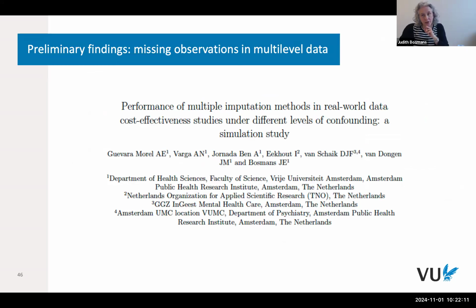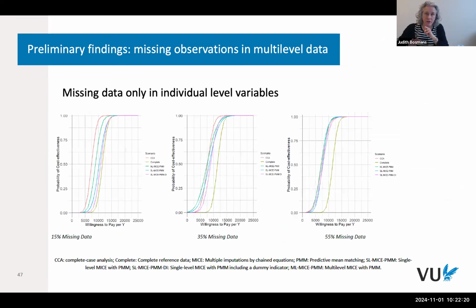Then in the second study she did, we looked at missing observations in multi-level data. So what we had here was a completely observed Danish data set in which we created missing values. And again, we used 15%, 35%, 55% of missing data.